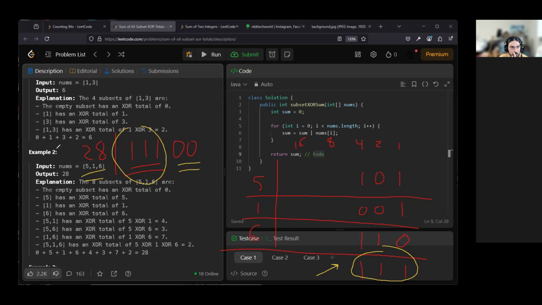If I shift it one time, I will get what? This one shifted one time will be 1, 1, 1, 0. Not the same. Shift it again. 1, 1, 1, 0, 0. Now that matches. How many times did I shift? 2 times. How many elements do I have? 3.